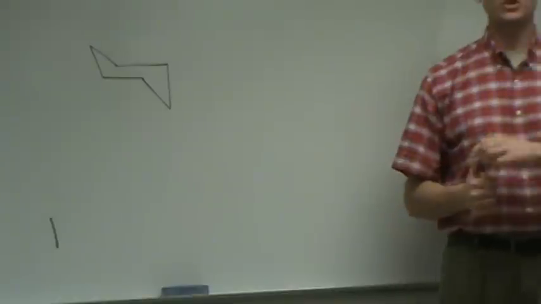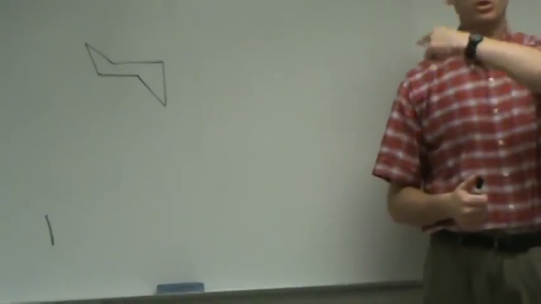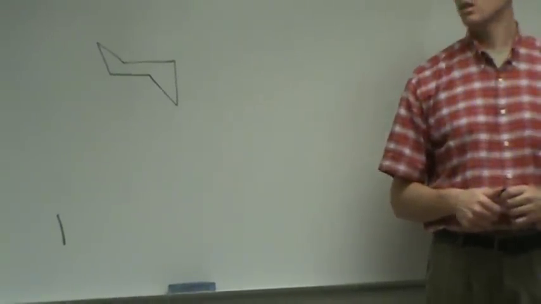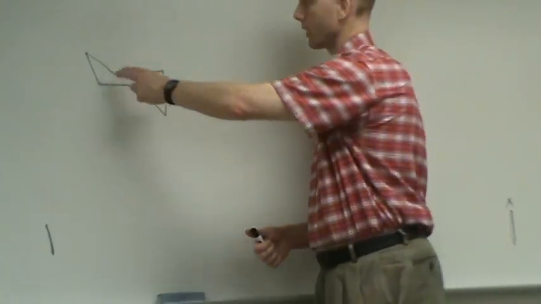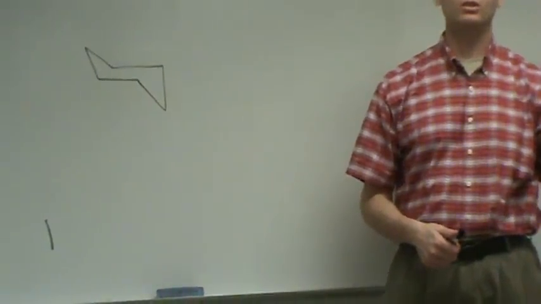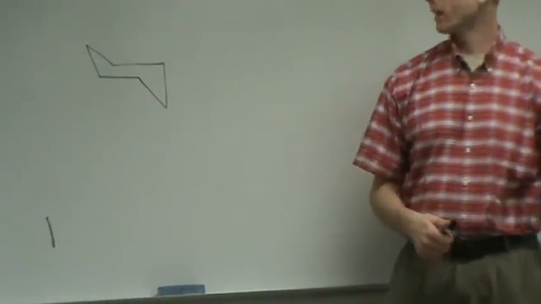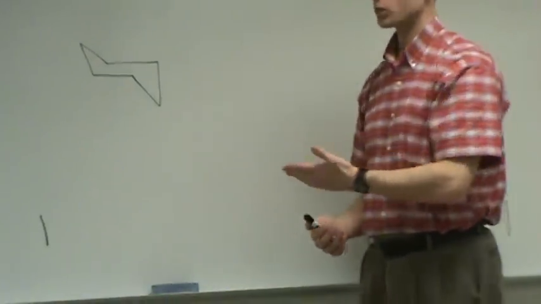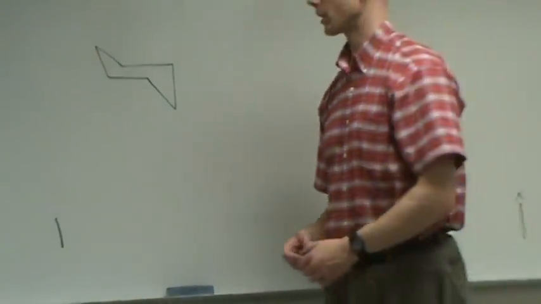Cyclohexane actually does not exist in that flat structure that we just had, but it exists in this three-dimensional structure like this. It kind of looks like a chair, doesn't it?